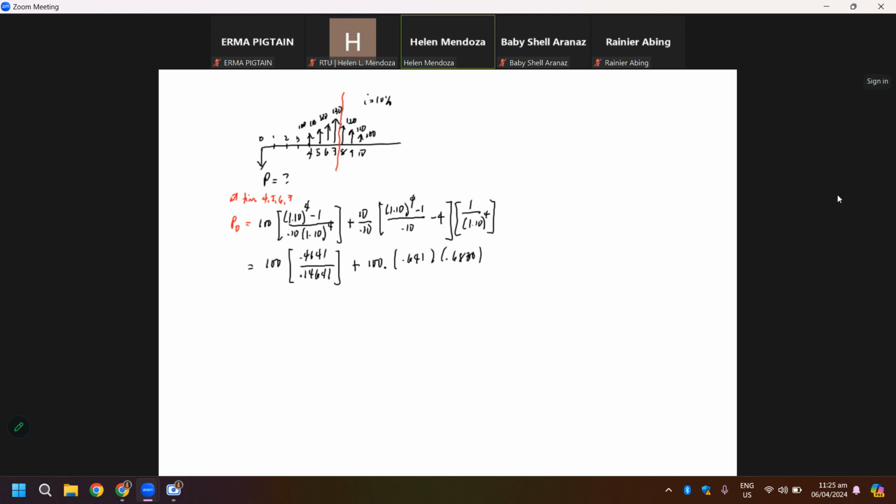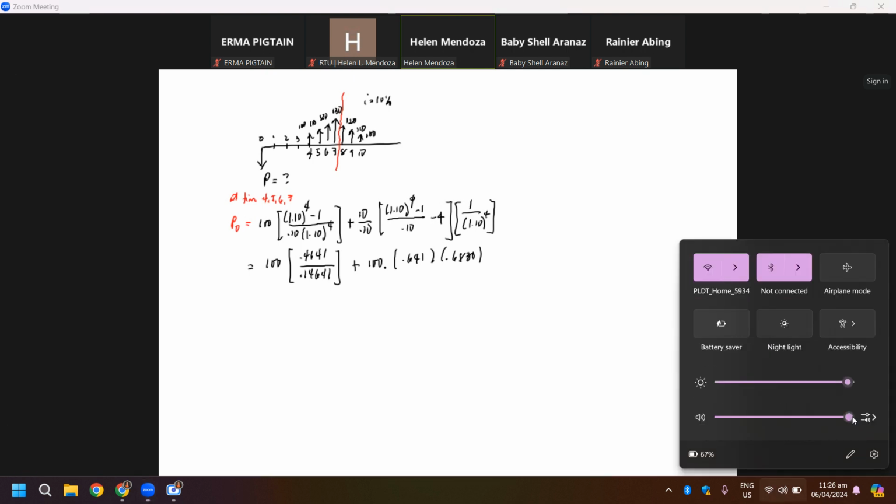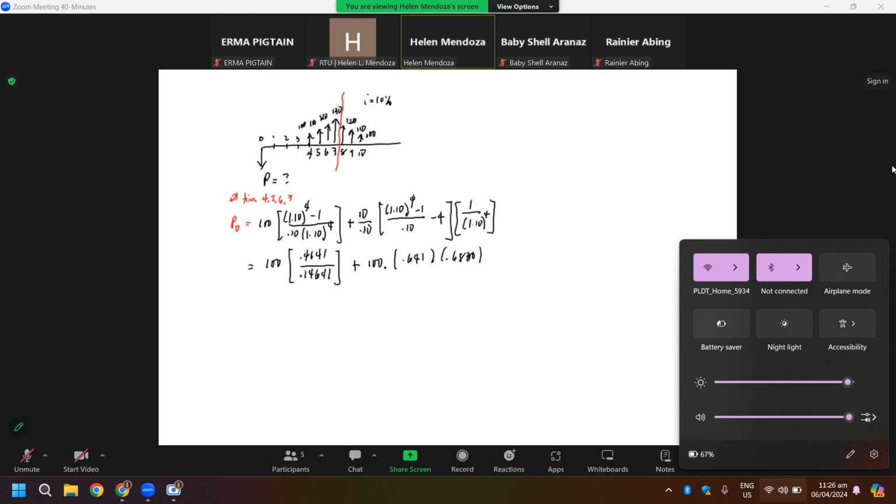But if you may see, since we are working, given all of this, we are working at time 3. Why time 3? Because the rule for annuity states that we may only take the P value one period before the first A. Since the first A in the series is at time 4, then we understand that we are computing value only at time 3.